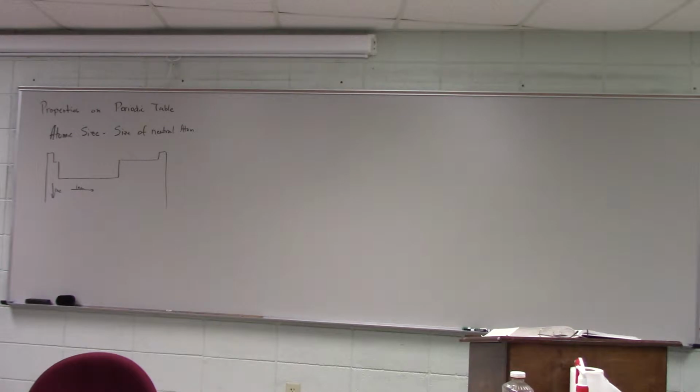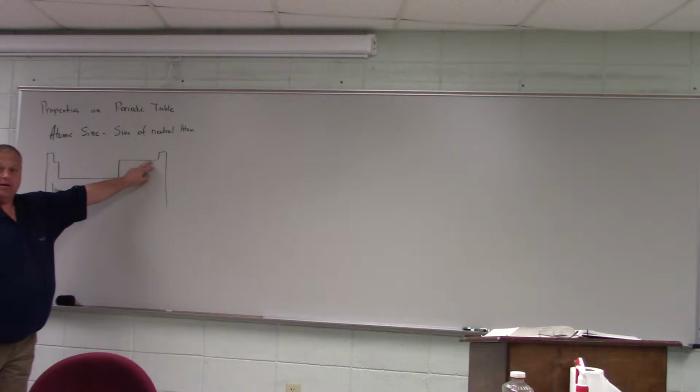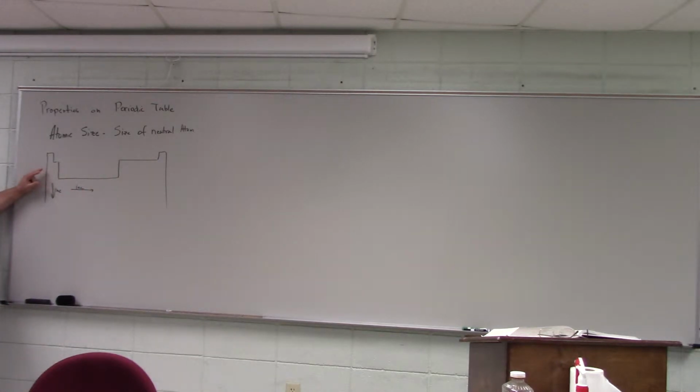It's up to us as how we want to describe what's happening there. So, atomic size, the first property, is the size of a neutral atom, and you agree that things on this side are bigger than things on this side within the same period. Things at the bottom of a family are larger because they have more electrons than things at the top.